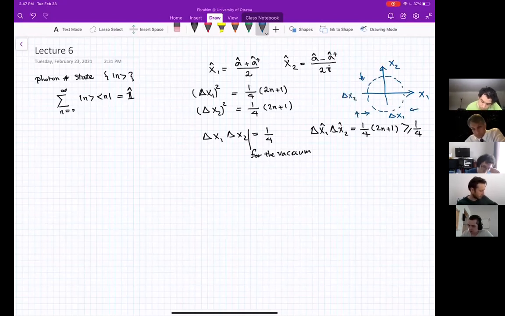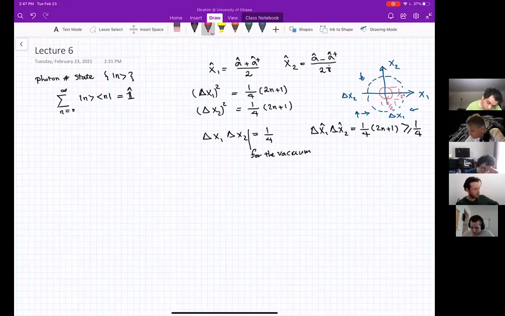This is the uncertainty that we have for them. Vacuum is an exceptional case, which is located here, and this is given by 1 divided by 2, and this is given by 1 divided by 2.